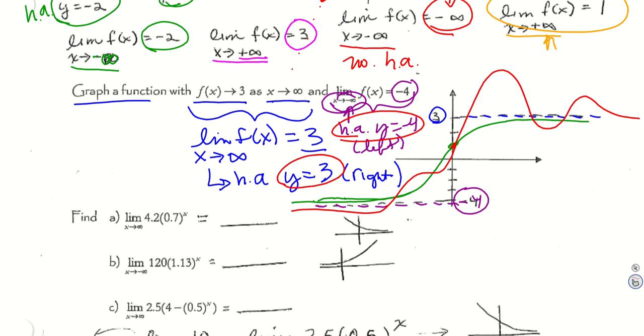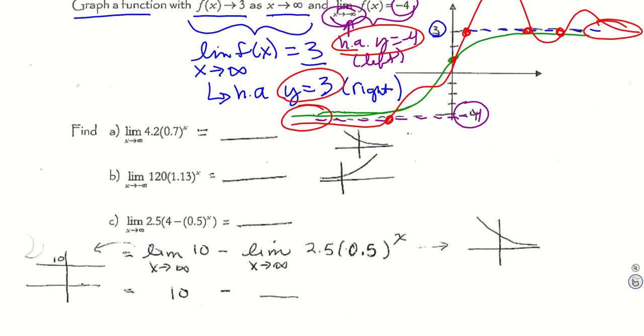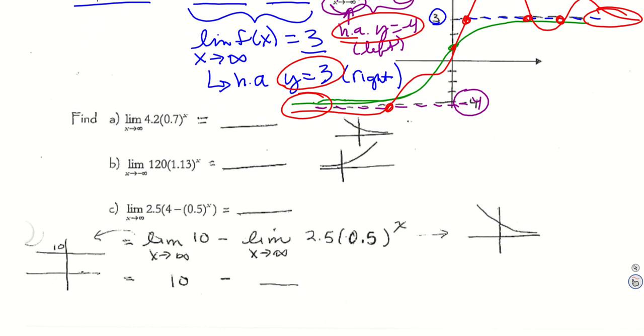So that defies the understanding that a horizontal asymptote is a line that a function never crosses. This red function crosses horizontal asymptotes several times. So it's not about whether it crosses or not, it's about how it behaves at the ends that determines that there's a horizontal asymptote.